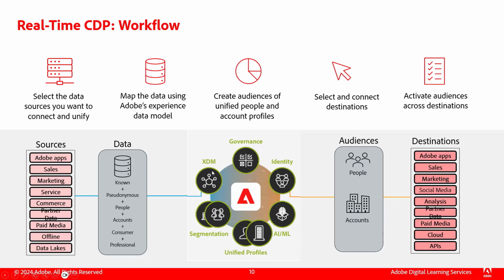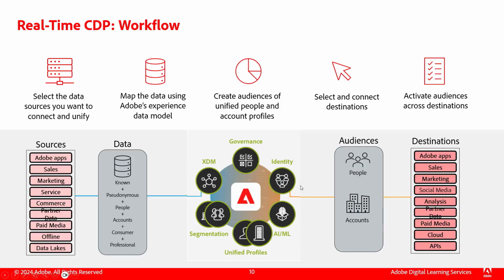With this, you create a structure, you apply the data governance, and you have the ability to stitch together fragmented data from any number of sources to create a unified profile. And that unified profile can either be a customer profile or a business profile.